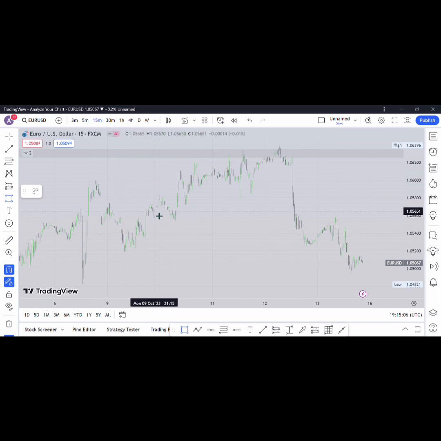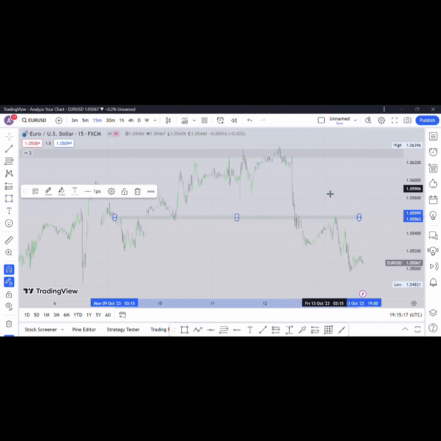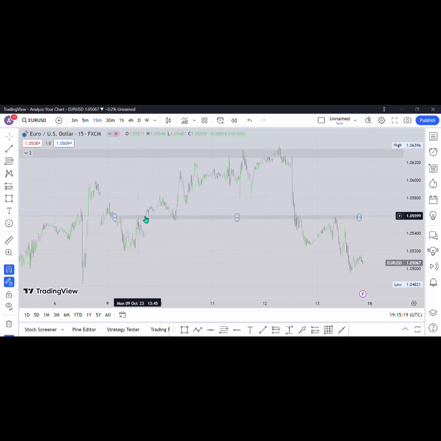So we saw this guy coming from here. Check this guy up here. This was a resistance that became support, right? This was a support, resistance.